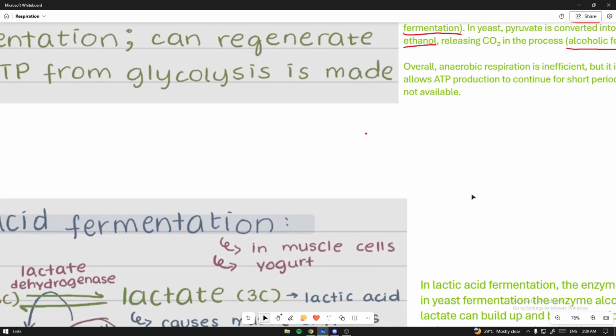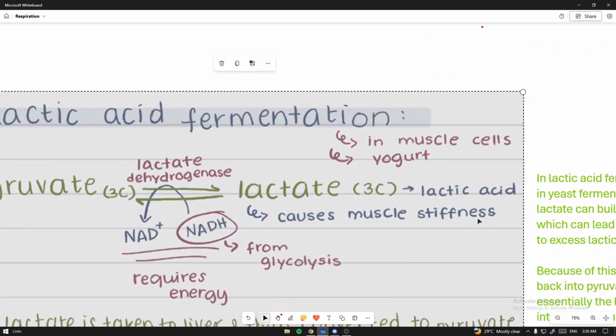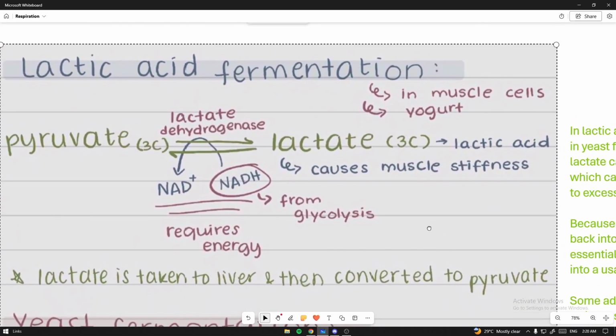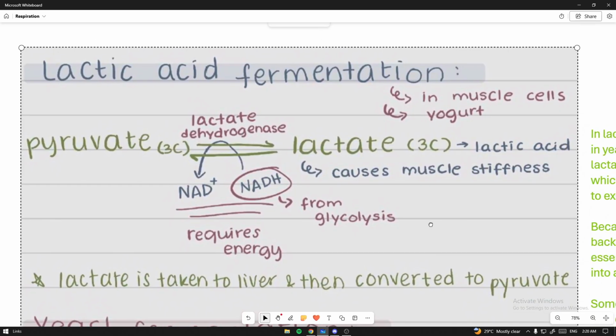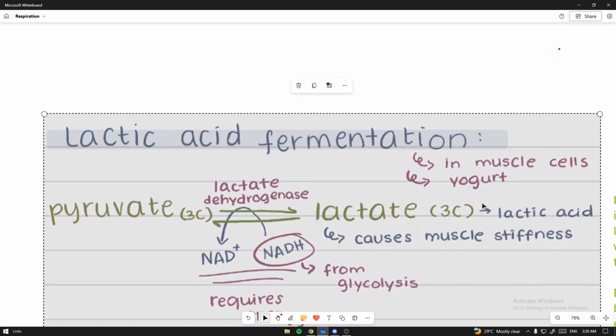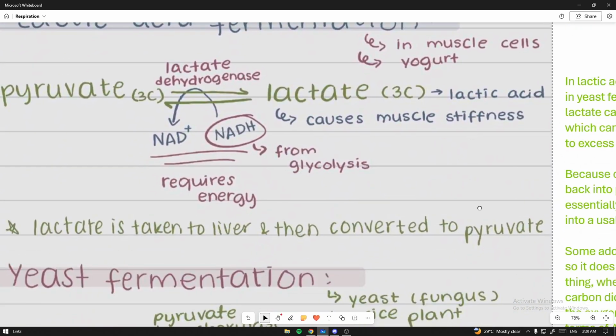Basically, we're just gonna zoom in further into the reactions. We're gonna zoom into lactic acid fermentation. I wanna draw this for you guys. So we got the glucose here. Glucose gets turned into pyruvate.